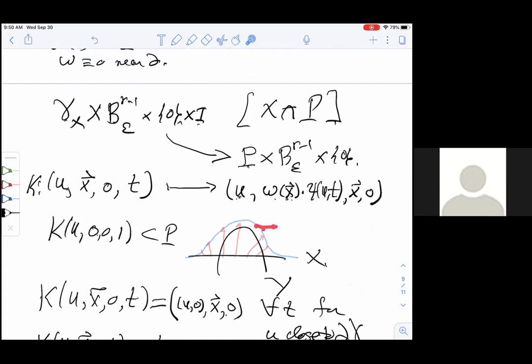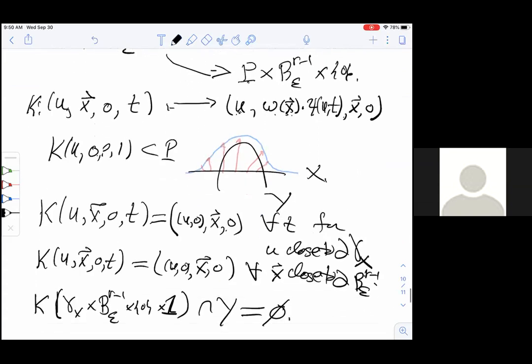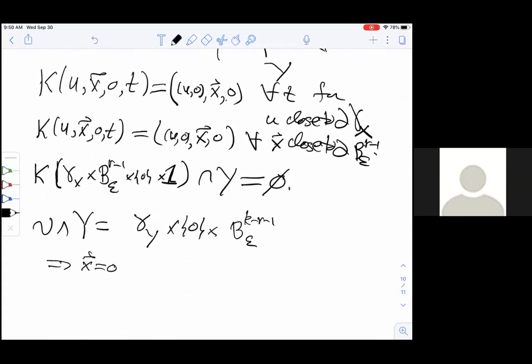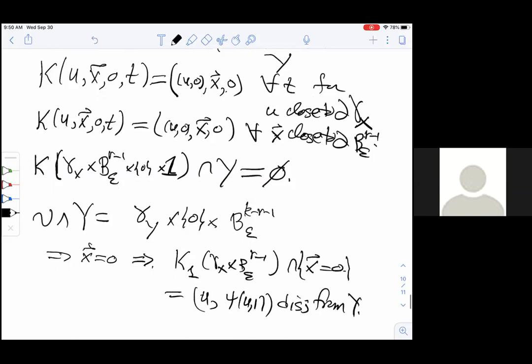Simply this curve here, which is disjoint from the intersection with Y. So x equals 0, that implies that, well, the image of k at time 1 of gamma B epsilon R minus 1 intersect x equals 0 is u, psi of u, 1, which is disjoint from Y. Okay.